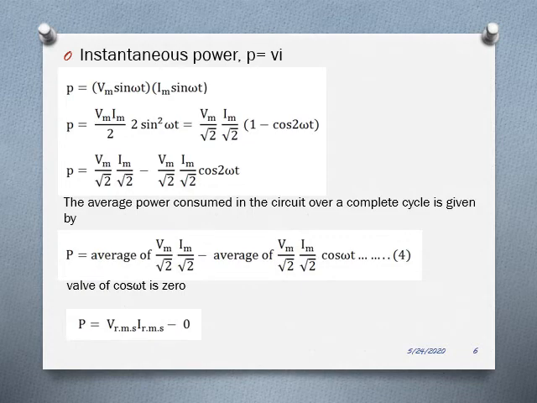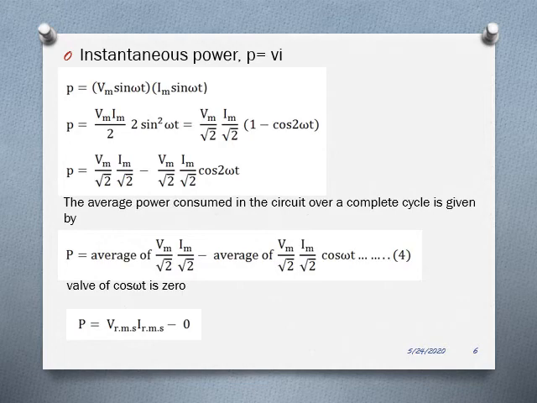The instantaneous power p is equal to the instantaneous value of voltage into the instantaneous value of current. So p is equal to Vm sin omega t into Im sin omega t. You just open the bracket, do the multiplication, and you get Vm by root 2 into Im by root 2 into (1 minus cos 2 omega t).